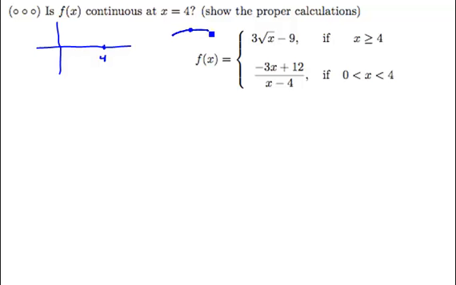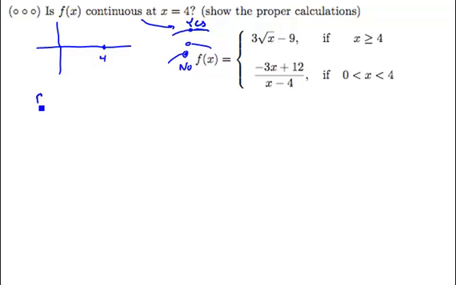But if this sort of thing happens, the left limit, the right limit, and the function value come together, then it will be continuous. If the left limit goes to one value and the right limit goes to another value, then it doesn't matter where the function value is, the answer is going to be no. So the left limit might match, say, the function value, but this would not be. So this is a yes if this happens, no if that happens.